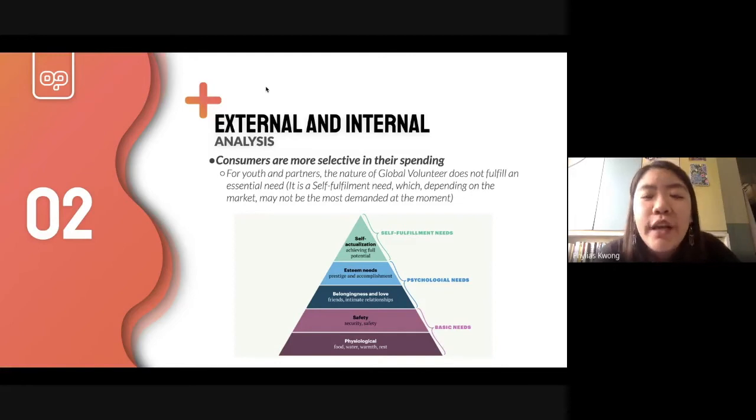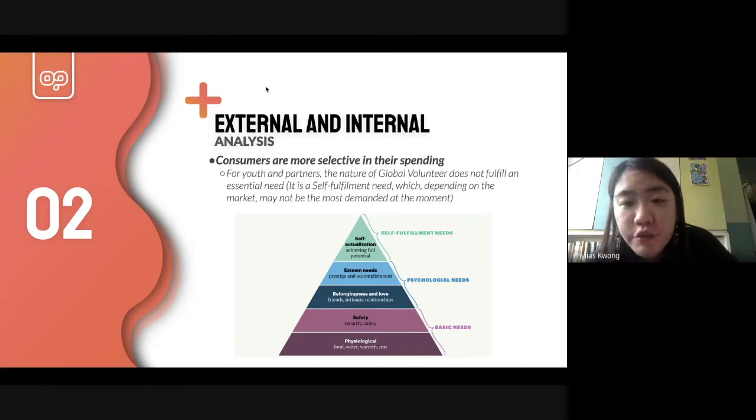That's why it's a very high level of needs, and it may not be an essential need. That's why it's something that we need to research and think about. I'm not saying that there are no people who want to go help others, but generally the people may change based on customer behavior. So I think you can also look into that.